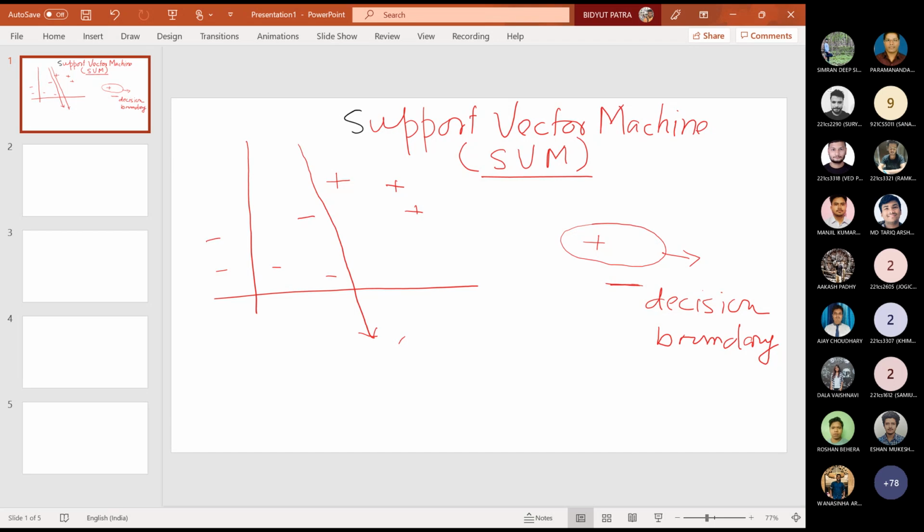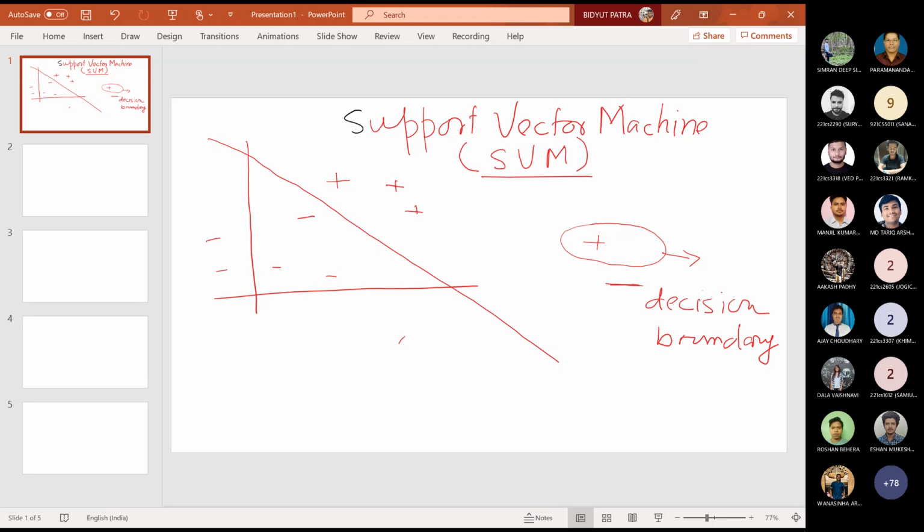Instead of these two lines, one can also draw a line something like that, which also separates them. Therefore, in support vector machine, we find the line that creates the maximum separation between positive and negative samples.